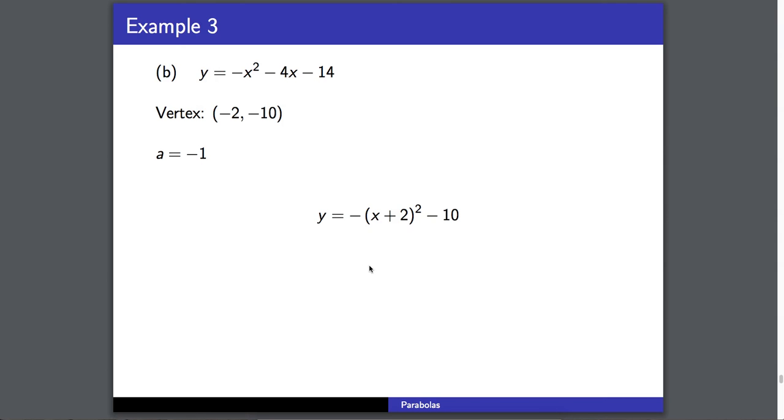So our equation becomes y equals negative 1 times x plus 2 in parentheses squared, and then minus 10. So remember, it's always x minus h. In this case, x minus negative 2 becomes x plus 2.